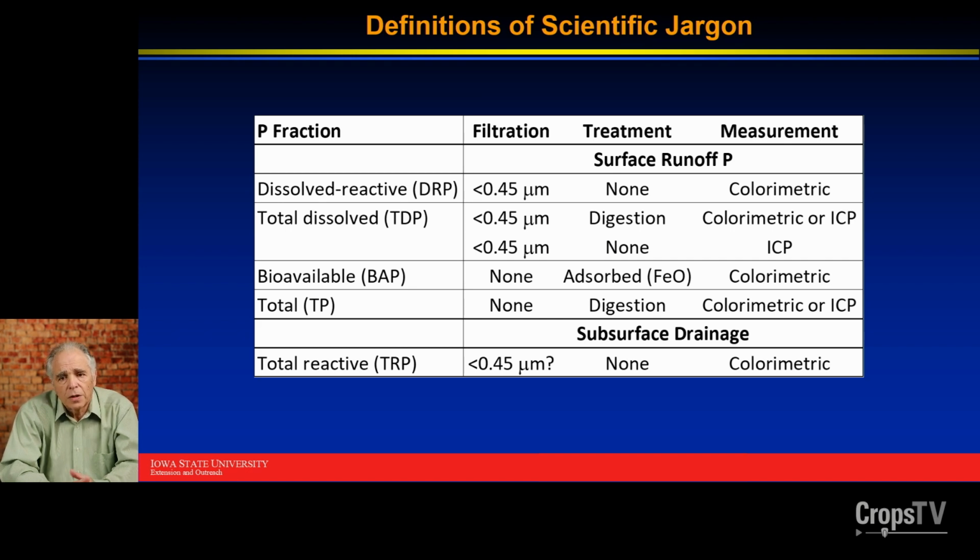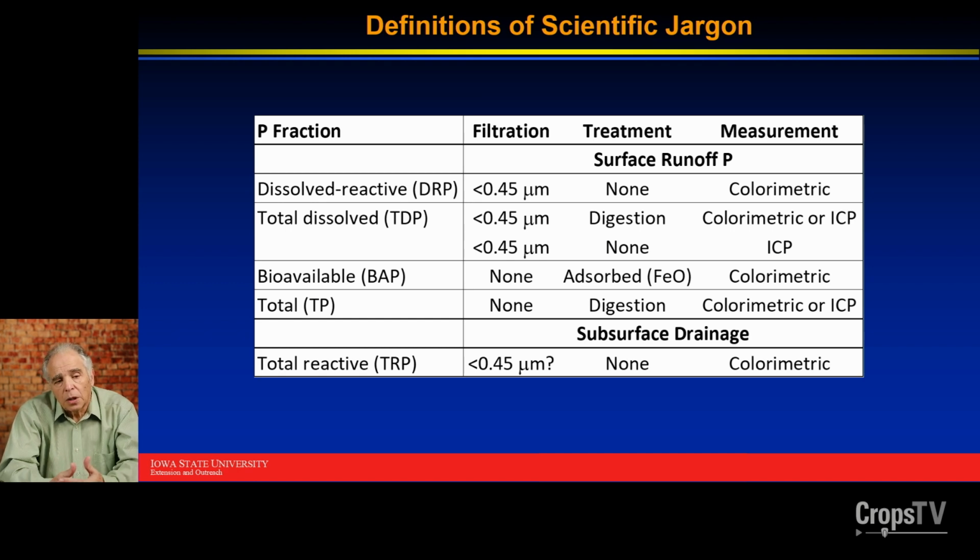And usually it's measured with a colorimetric method. It's a long pain-in-the-neck method, and it's not very commonly done. Supposedly, it measures not just the salt P, but all the P that is rapidly available for algae.